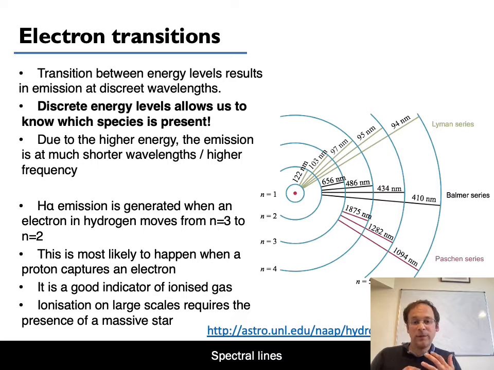Here we have an example which is just the hydrogen atom. Hydrogen, as I've said, forms the majority of baryonic matter in the universe. It's the most common element throughout the universe, and so it's a very important element to study, even though it's very simple. What we can see here are the energy states: the n orbital states numbered from 1 upwards.